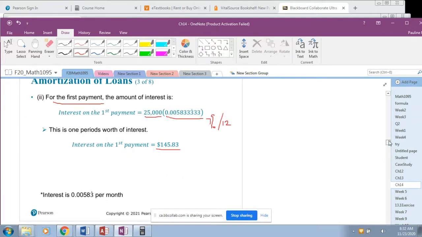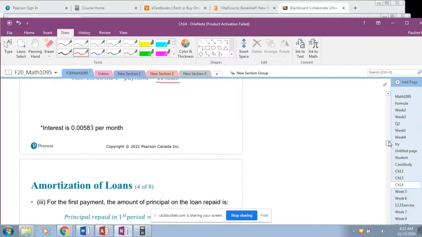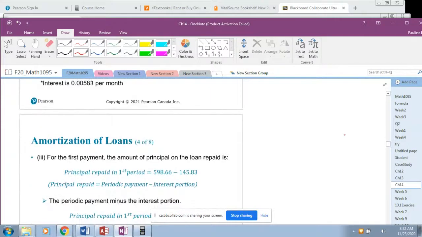So this is question 2. And question 3 asks you for the first payment, the amount of principal. Principal is the monthly payment minus the interest portion.